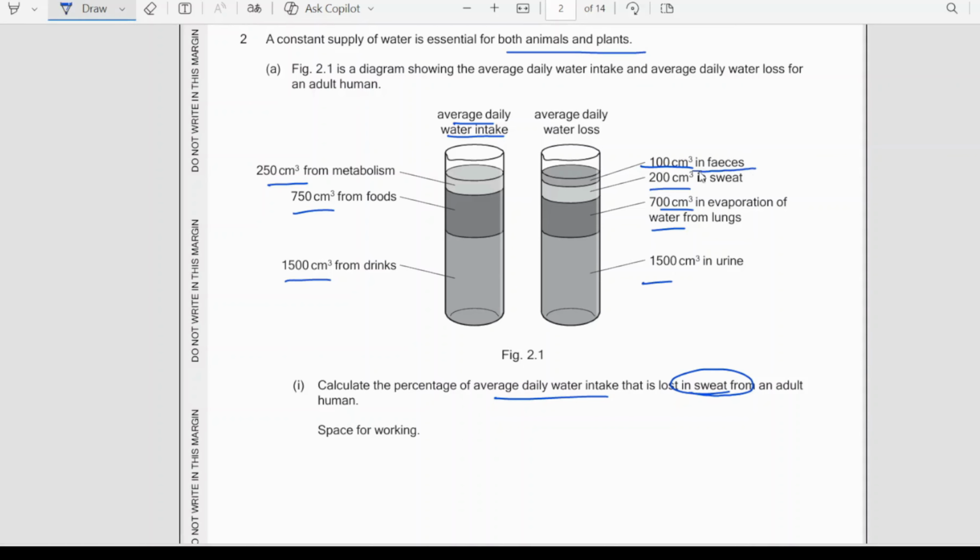So you have to take the value for this one and the average.